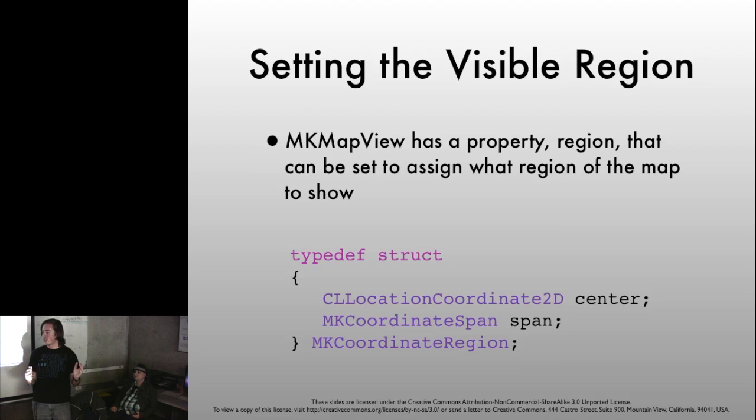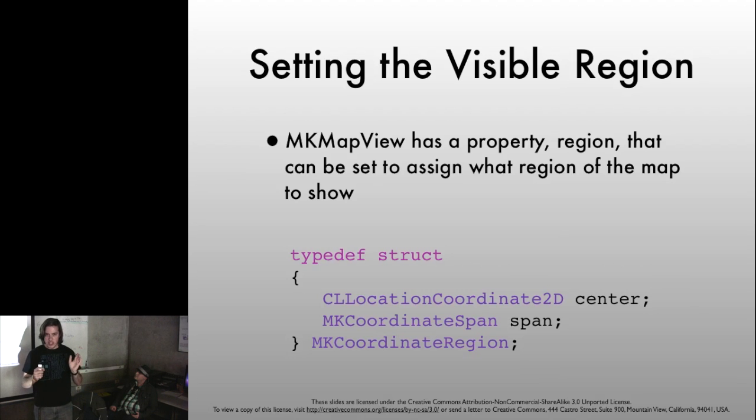I swear I'm going to have this backwards. Number of degrees of latitude tall and number of degrees longitude wide you want to show around the center point. So it's actually just a simple C struct that contains a location coordinate, which is a lat-long coordinate, and a span structure. And so if you want to change what part of the map is being shown on screen, you just reassign the region property, and then the map view will automatically replace the content that's currently on screen with that region.